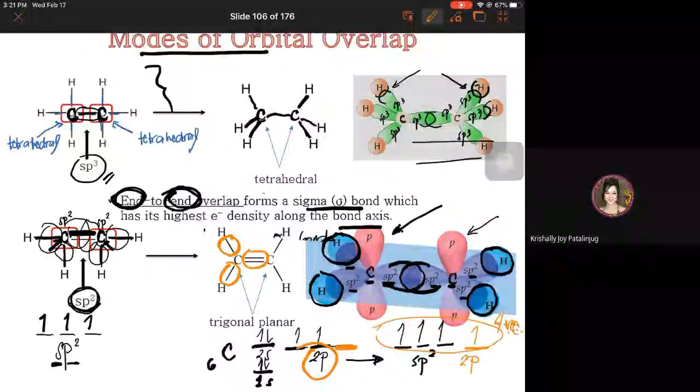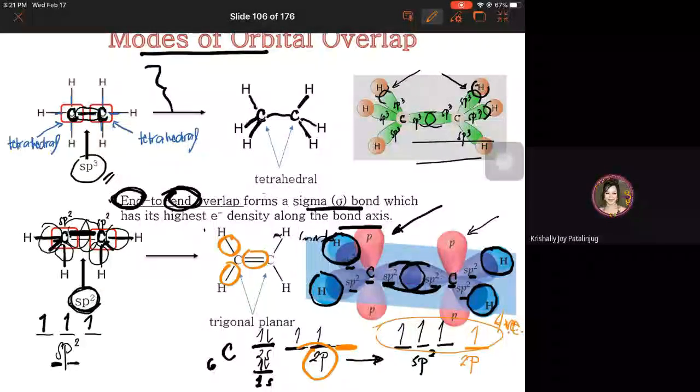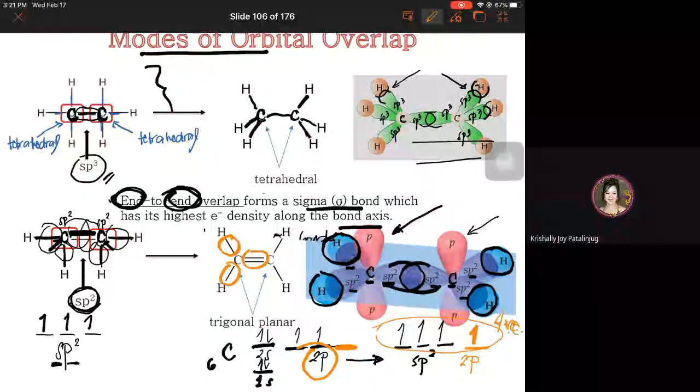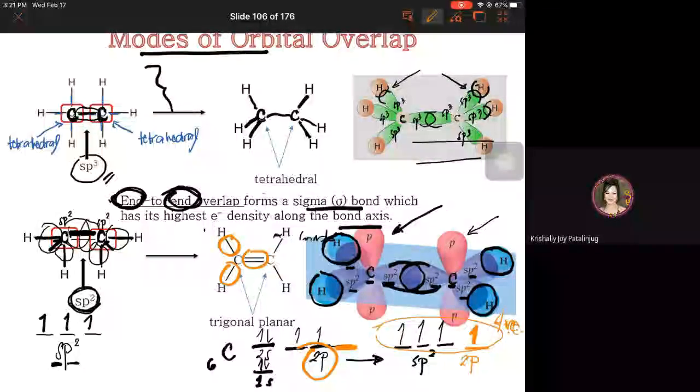So, 3 lang yung imimix natin na orbital for hybridization. Yung remaining na valence electron ng carbon, nag-reside sa 2p orbital, which is being half-filled.